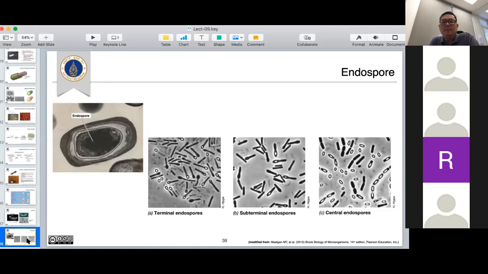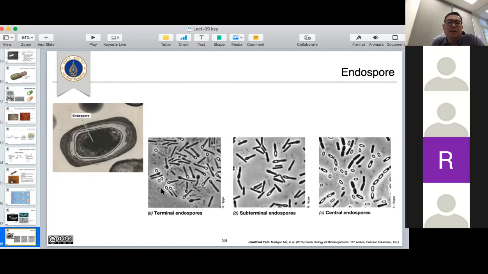But in some types of bacteria, for example Clostridium, the location of the spore matters. Clostridium is a long bacillus. The position of the spore can help scientists classify or identify the group or type. For example, in Clostridium tetani, the spore is present at the tip of the cell, like a drumstick.